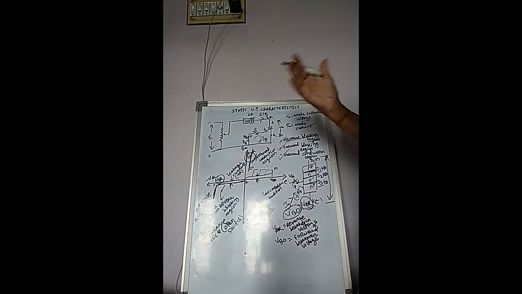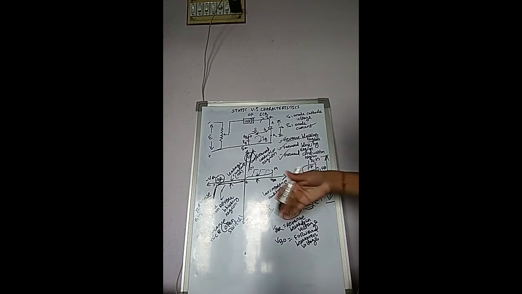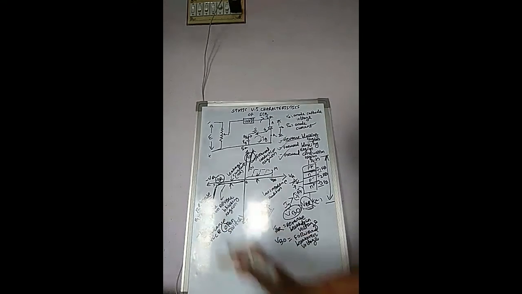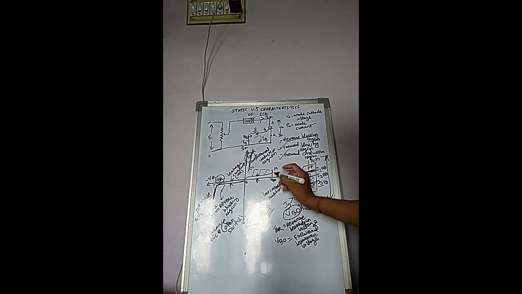If Ig increases, then the voltage required to turn on the device is reduced. At first, at this point, we are not applying any kind of gate current, so Ig is equal to 0. That's why VBO is reached, and the device shifts from off state to on state, or forward conduction region.